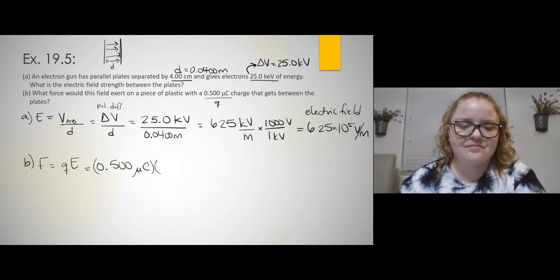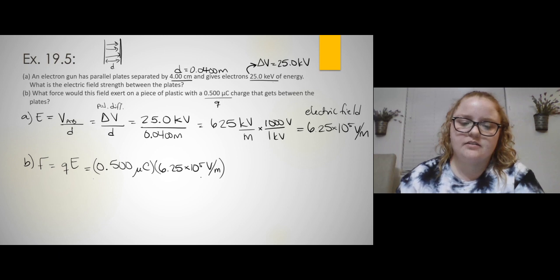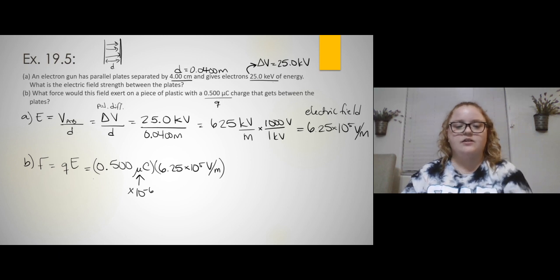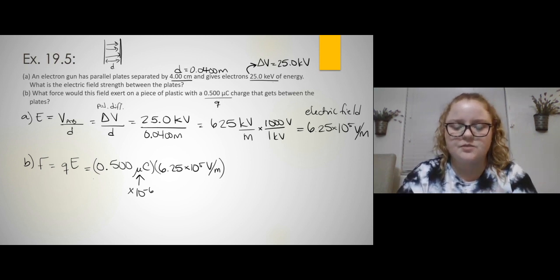Microcoulombs times our electric field, which is 6.25 times 10 to the 5th volt per meter. Okay. We will need to input what this mu is. That is 10 to the negative 6. Okay, so let's go ahead and do that. We take our 6.25 times 10 to the 5th and multiply it by 0.5 times 10 to the negative 6.